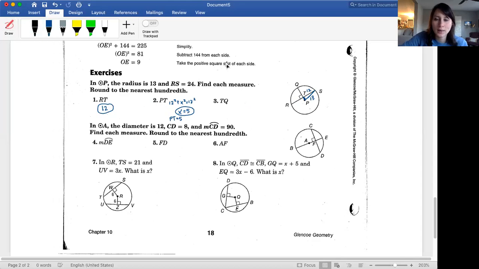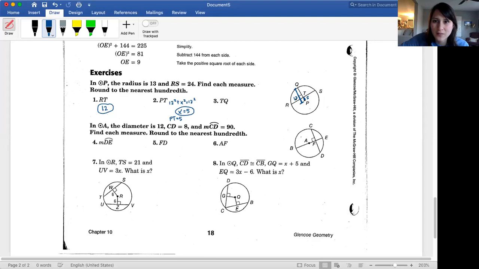All right, let's talk about TQ now. So this time we need to find from T to Q. So we're going to use the same logic. Actually, we're going to use a little bit different logic because I know that TP right here is 5, and I know that from Q to T is a radius. So this entire thing is a radius. And don't I already know what my radius is?